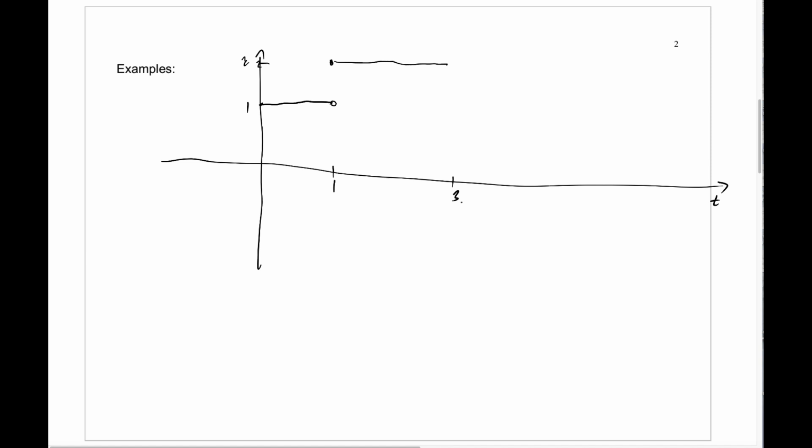So say here's 3. And then beginning at 3, I want it to be down at -1 again, just until 4. And then after 4, I want it to be back to 1.